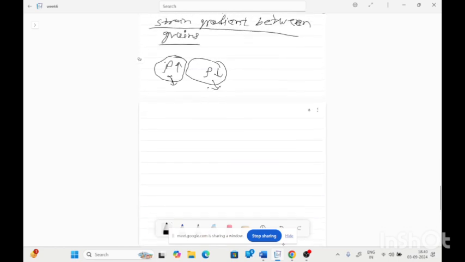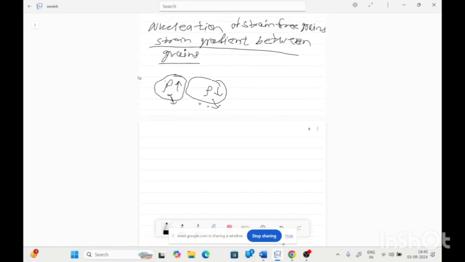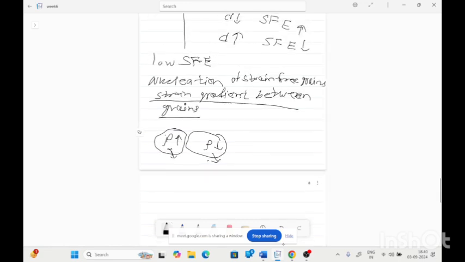Due to the strain gradient between these grains, dislocation accumulation happens in the DDRX process.